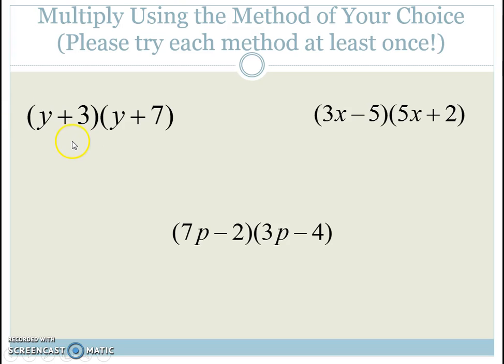So I want you to use FOIL here, I want you to use box here, and I want you to use both FOIL and box for the last one. So I want you to practice each method. So go ahead and try them, and I'm going to show you the answers.